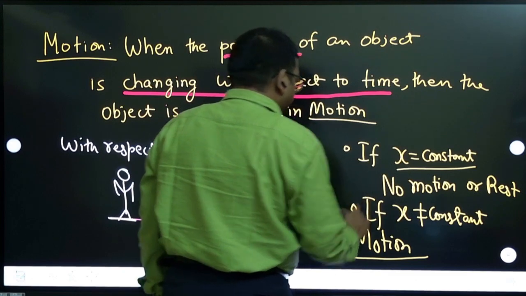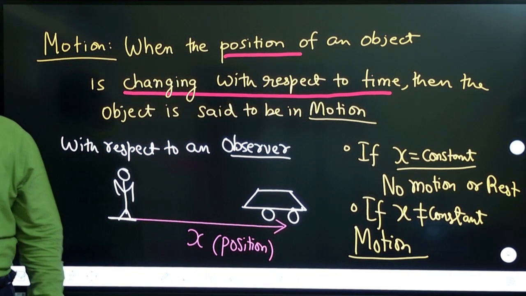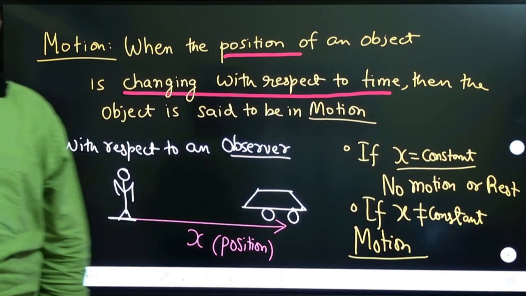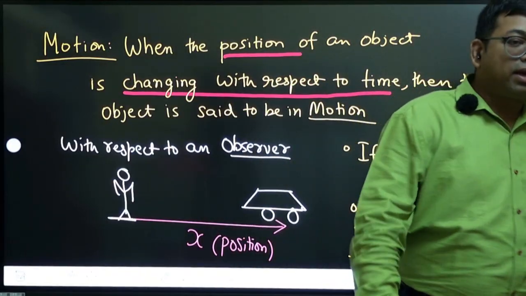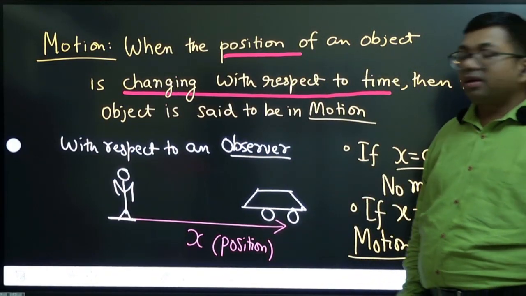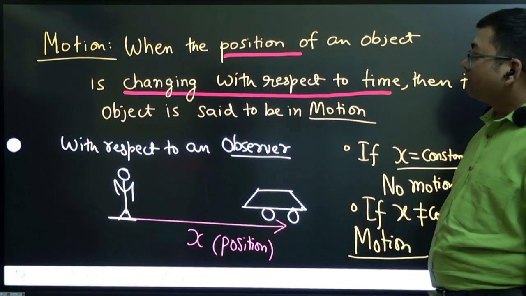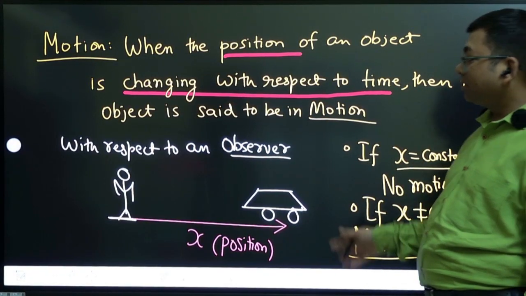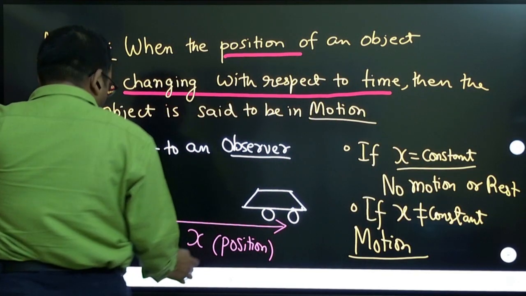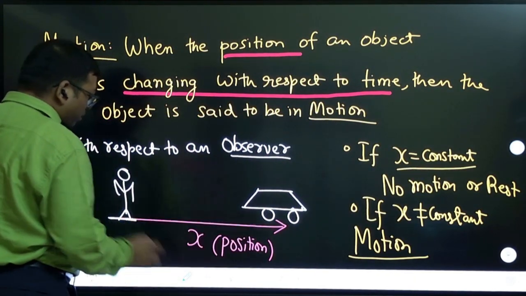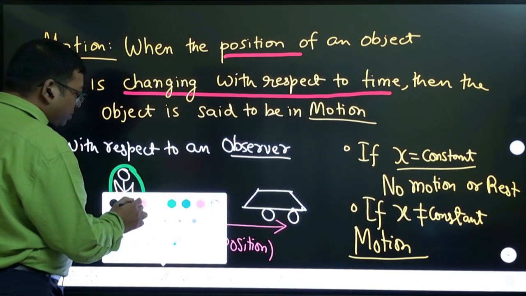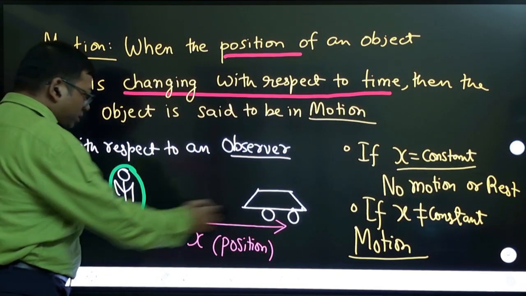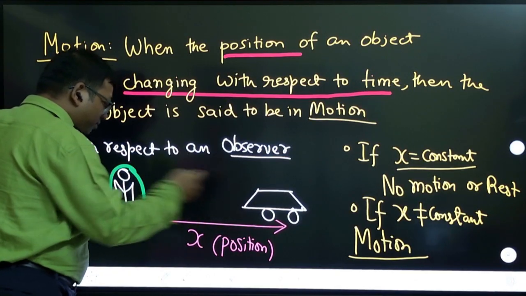Are you understanding this? Yes. Anytime you have a doubt, you can ask me a question. Let us understand this again. If this car is moving with respect to this observer, note that this observer is measuring this position. How much is it, 2 meter, 3 meter, 5 meter from him?